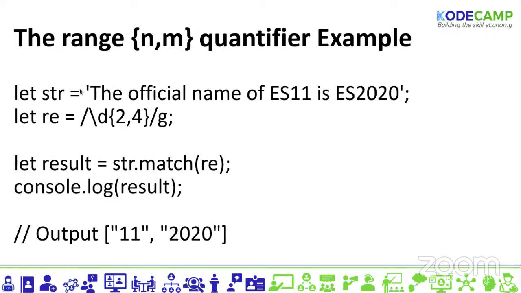If we look at this example, we are matching digits where the digits should be at least 2 and less than or equal to 4. We are testing it with this particular string. The result we are going to get is 11, because 11 matches this \d{2,4}. Then 2020, these are actually 4 digits, that's why it's being returned here.